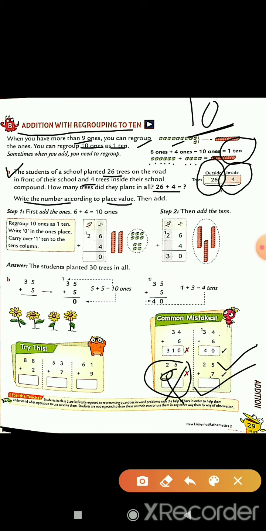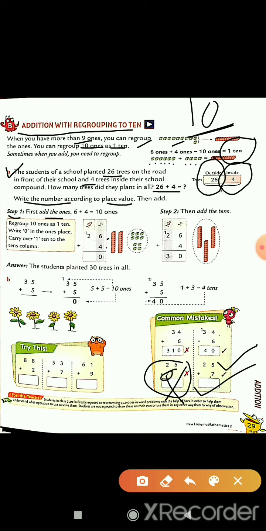Okay. After writing the number according to the place value, then we have to add. While adding, we have to follow two steps. Step number 1, first add the ones. So, let us see which numbers are there at the place of ones. At the place of ones, 6 and 4 are there.